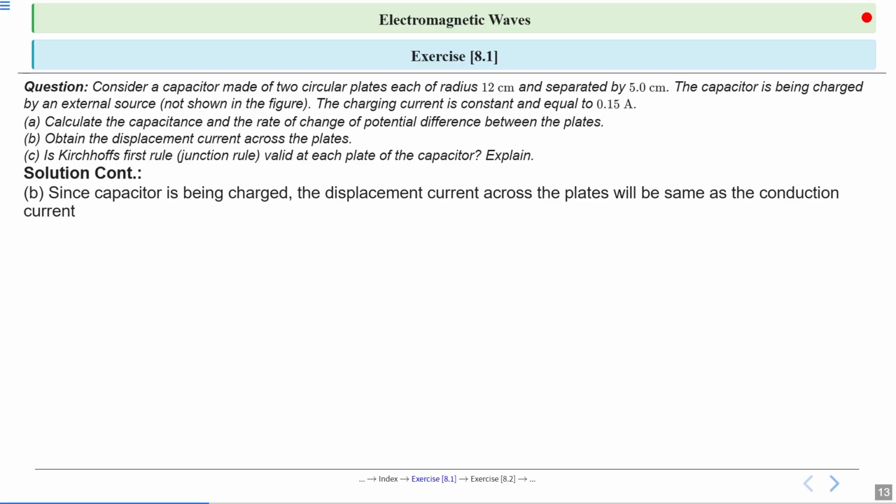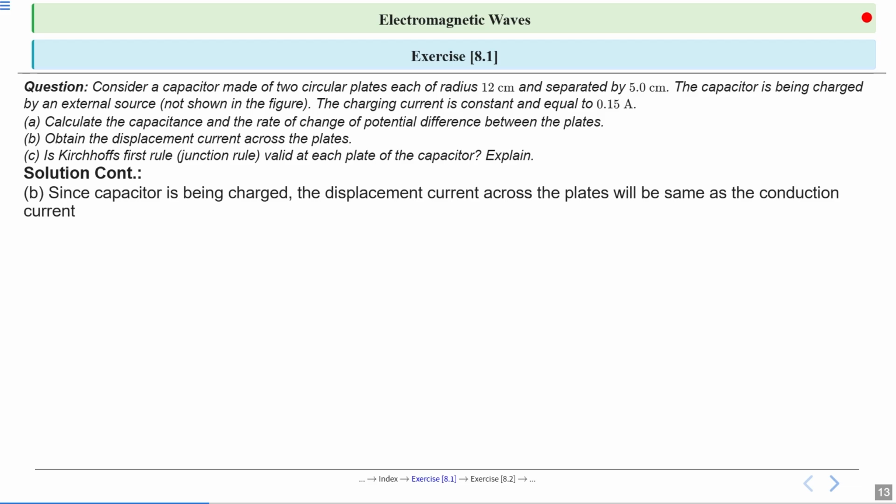Also in the case of a DC source, if the capacitor is being charged, that means charges are accumulating on the plates, so the electric field between the plates of the capacitor is increasing with respect to time, due to which displacement current is there. If the capacitor is fully charged, then there will not be any displacement current.